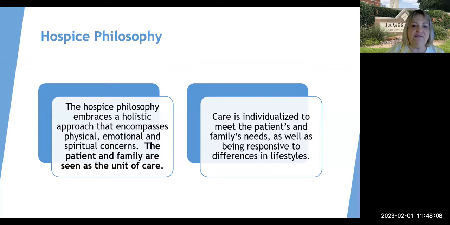The patient and family are seen as the unit of care. Hospice is not just taking care of the patient. Hospice takes care of the family as well. And we're going to see how they do that. Care is also individualized to each patient and each family. It is responsive to differences in lifestyles as well.